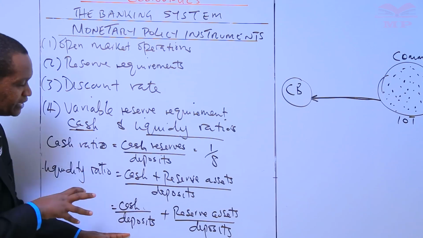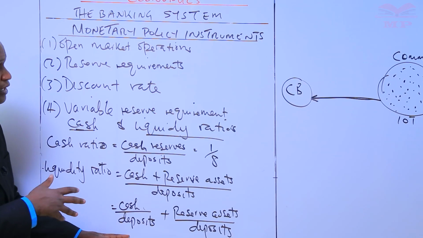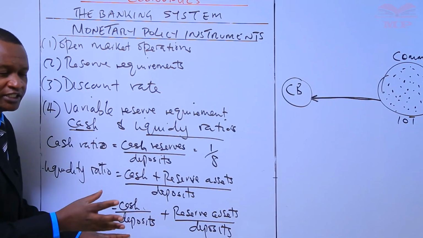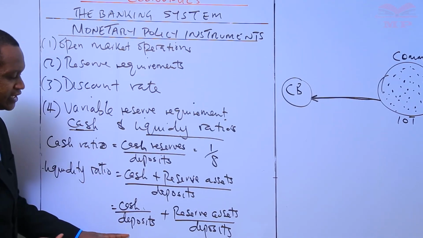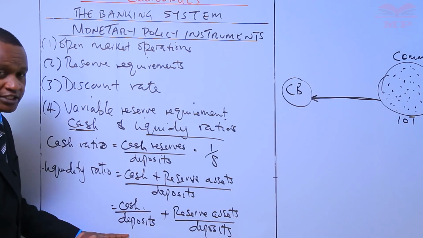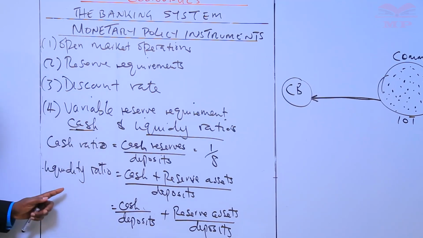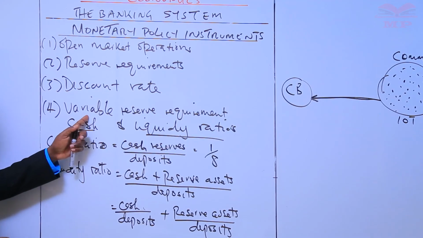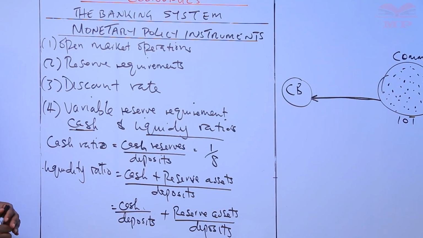So this is an instrument that the central bank uses when developing monetary policy. So the ratio can vary depending on what the central bank intends to do. We are calling it the variable reserve requirement. That is instrument number 4.